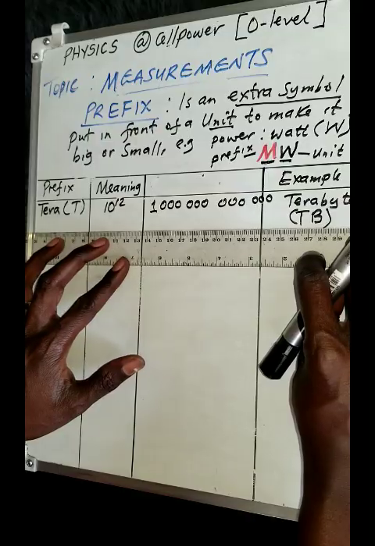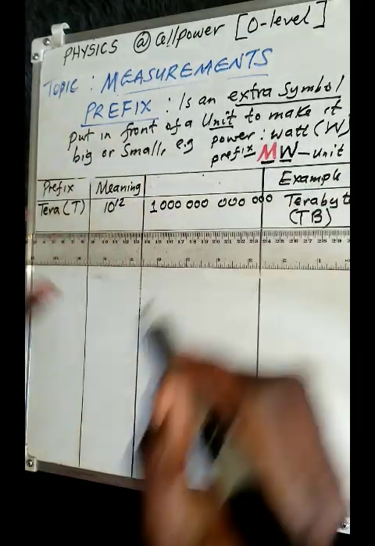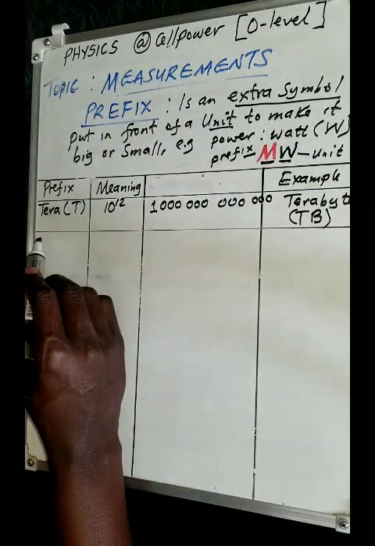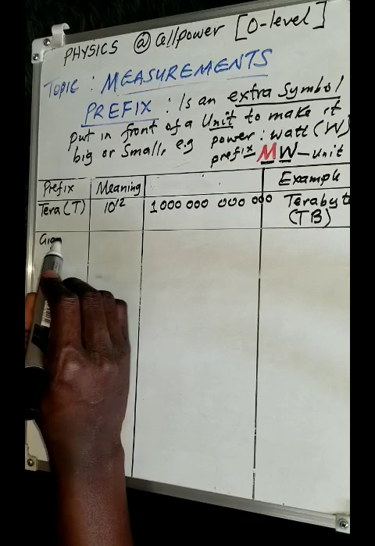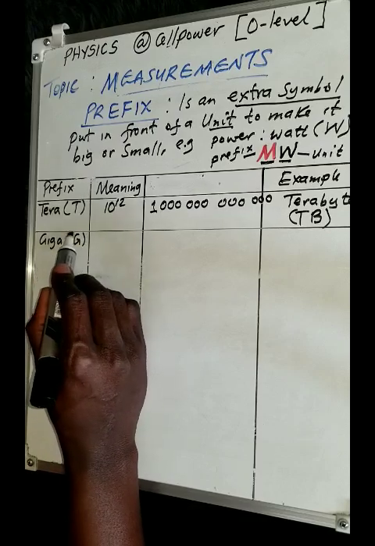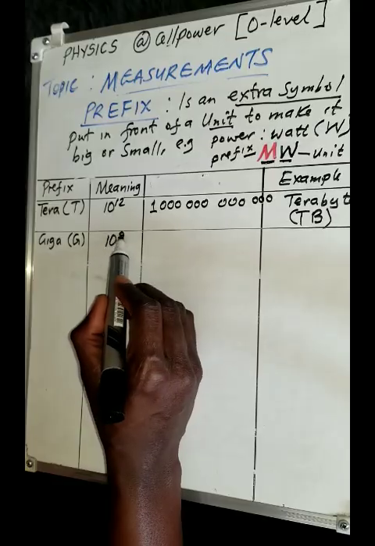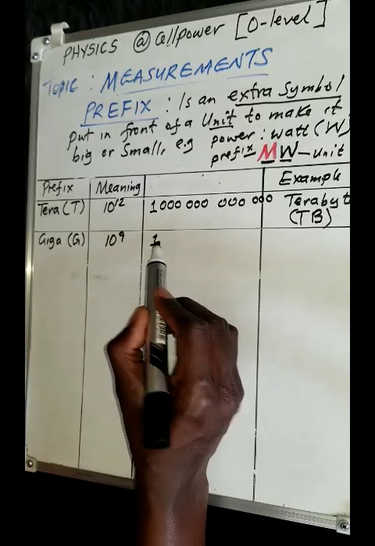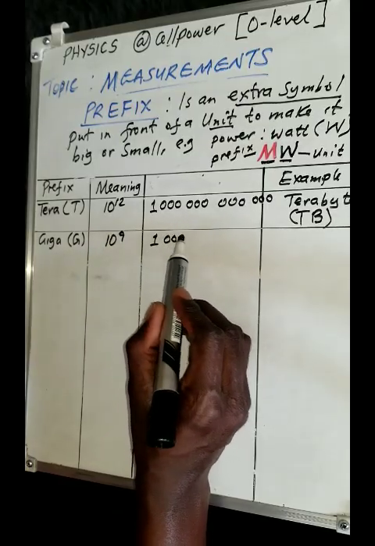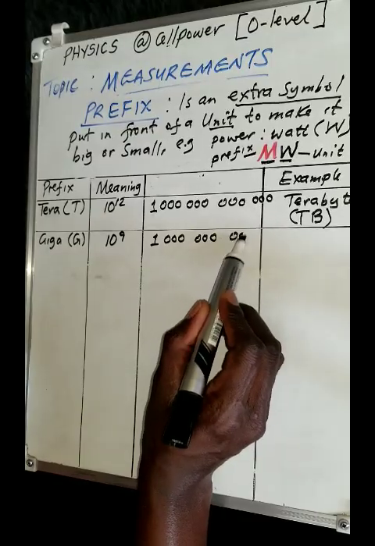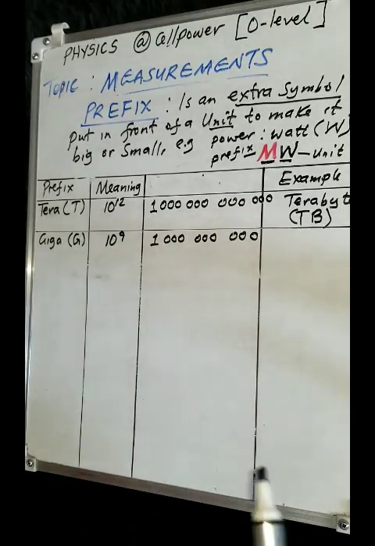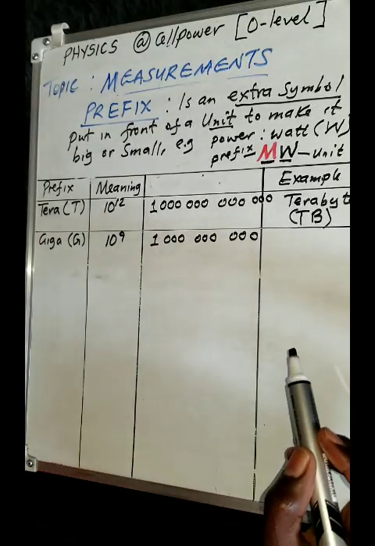Let me give you some others that you are going to come in contact with. You're going to be using things like giga, which is represented by a capital letter G. Giga means 10 to the power 9. Think of a number with 9 zeros. That is what we call giga.